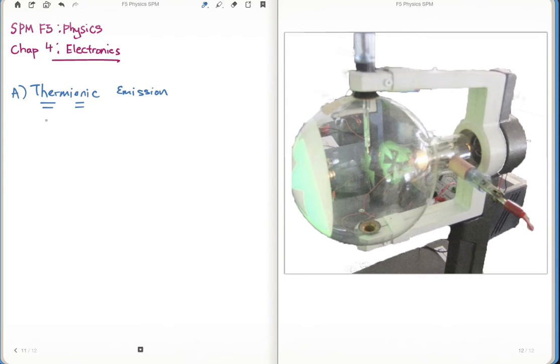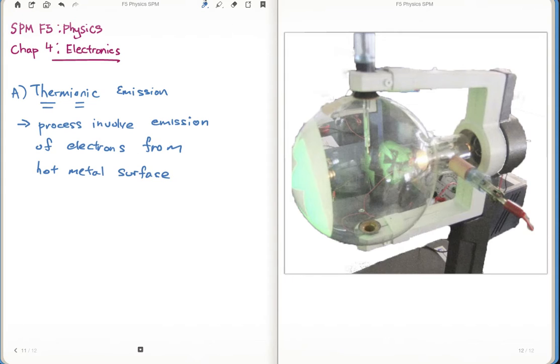To put it in layman's terms, it's a process that involves the emission of electrons from a hot matter surface. So what you have here is the emission of electrons from a hot surface.